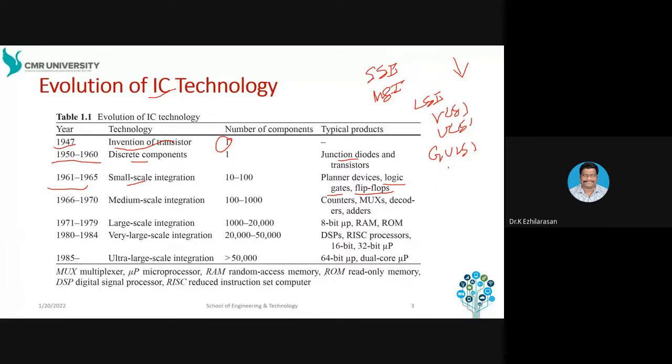Yes, this is a question for you. If you are going to implement an n input logic gate, how many transistors are required? Any gate you can take, either a NAND gate or NOR gate. How many transistors are required for n inputs?